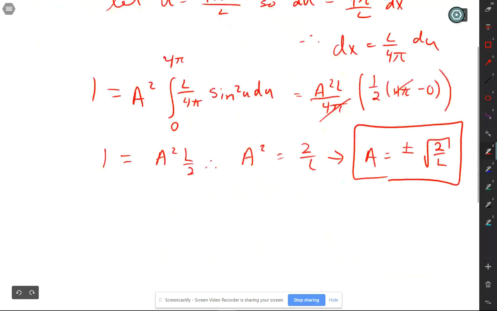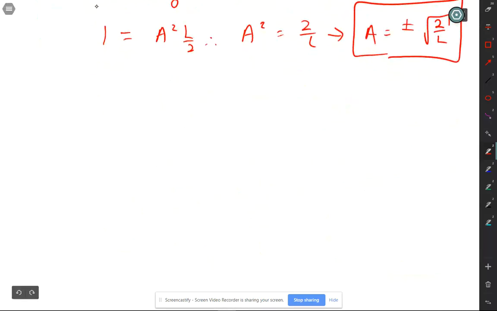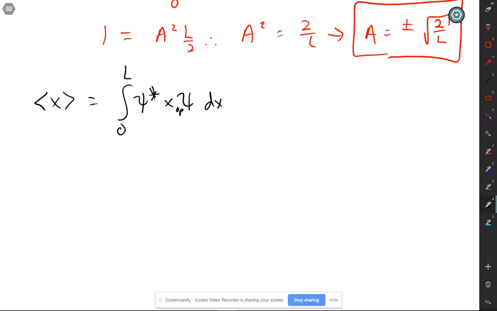So for the expectation value, when you do expectation values, you always should start with this. Once again, I put the limit 0 to L because that's the extent of our wave function.